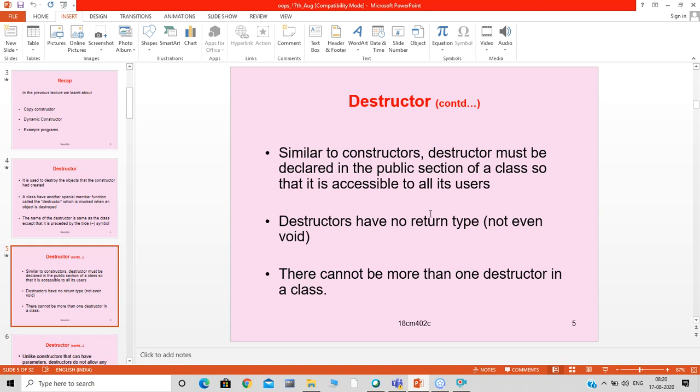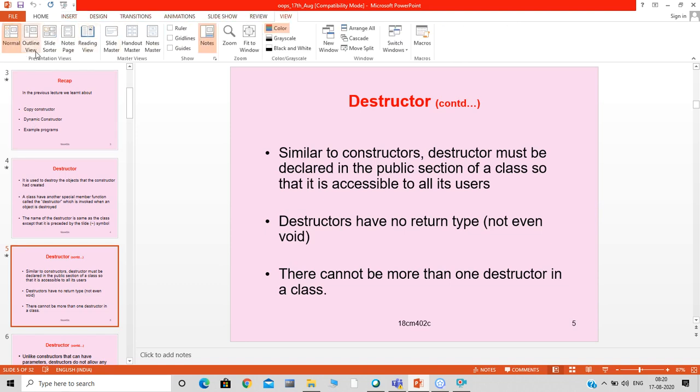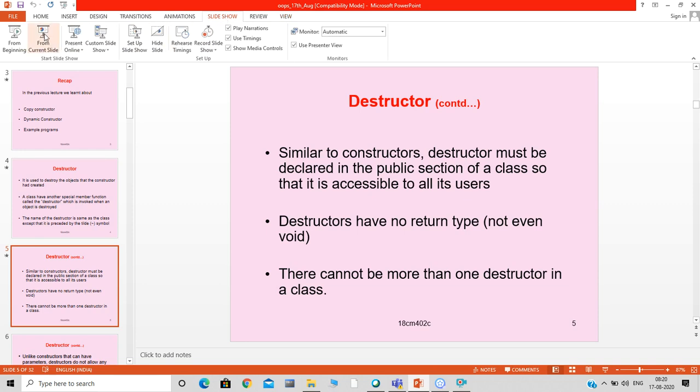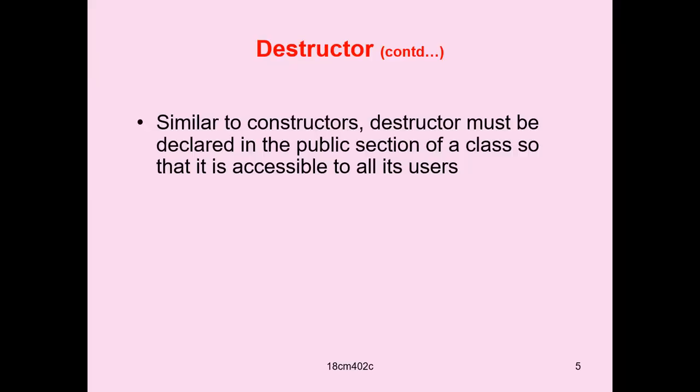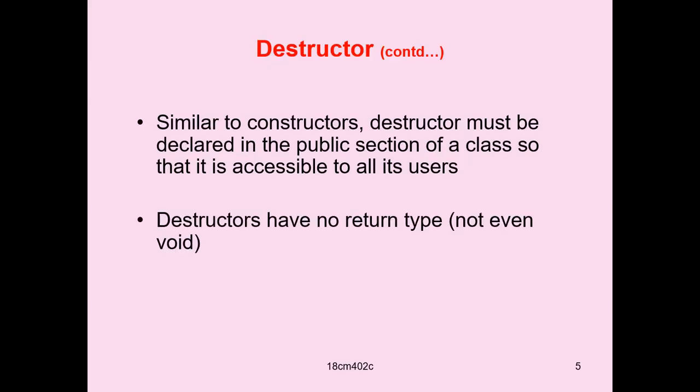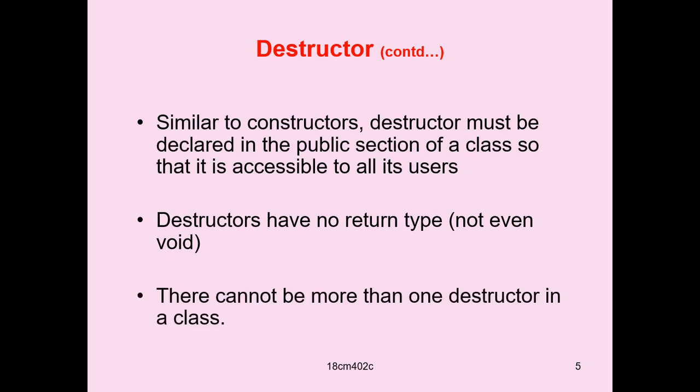Similar to constructors, destructors must be declared in the public section of the class so that they are accessible to all its users. When declaring the constructor, one thing we need to remember is that it should be declared in the public section.